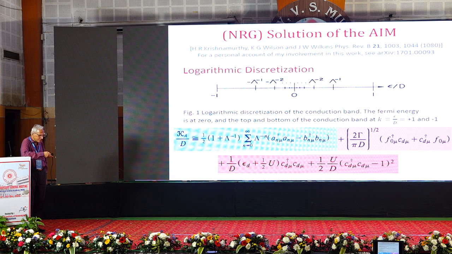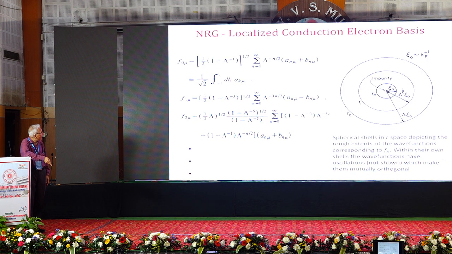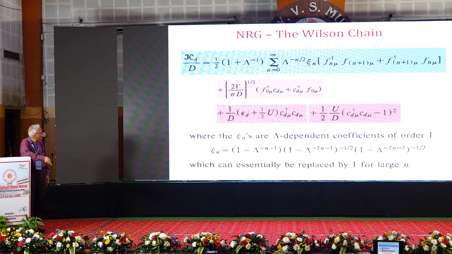And with this discretization, you can go through a whole lot of transformations, which I'll skip, because I have many other things to say, and get to the end. Basically, you rewrite the Hamiltonian in terms of the discrete levels that correspond to these chosen intervals, and come up with this kind of Hamiltonian. Okay, so here the impurity, remember what the impurity was.